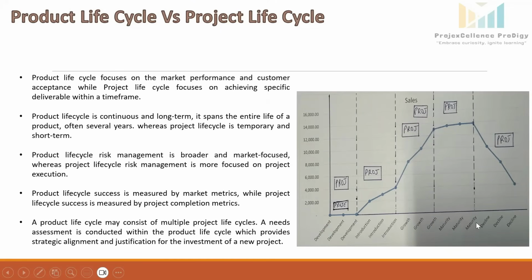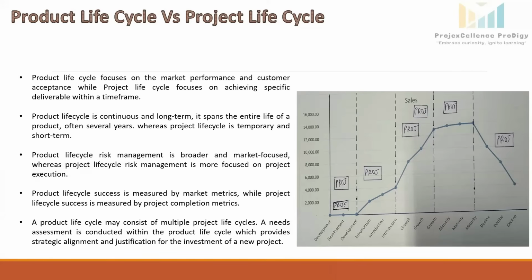So each stage of the product life cycle may contain one, two, or multiple projects. A needs assessment is done during the product life cycle to ensure new projects are strategically aligned and worth the investment.